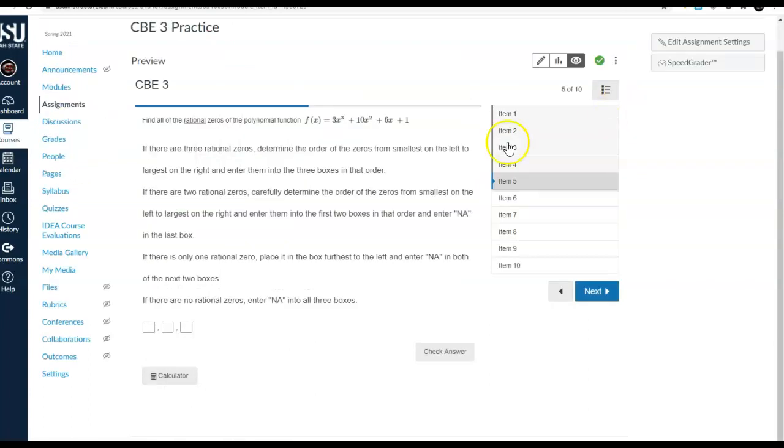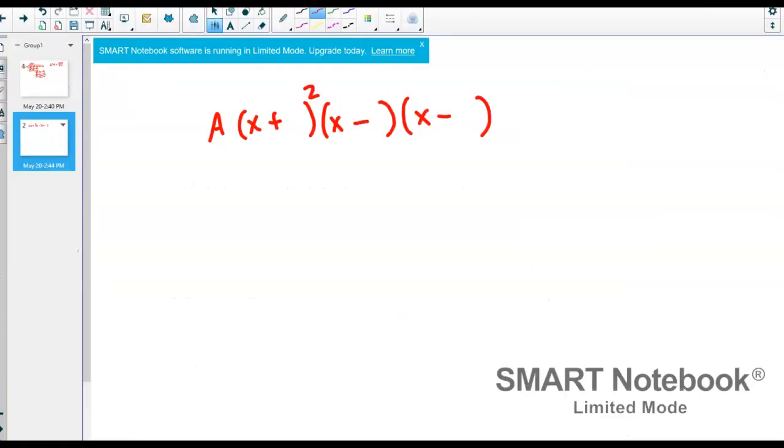I'm looking for all my rational zeros, or my rationals here. So I'm going to look at my equation, 3x to the third plus 10x squared plus 6x plus 1. I have to use my rational zero theorem to tell me what possible zeros I have for this. I take the factors of 1, which is just 1, and the factors of 3, which is just 1 and 3, and that tells me possible ones.